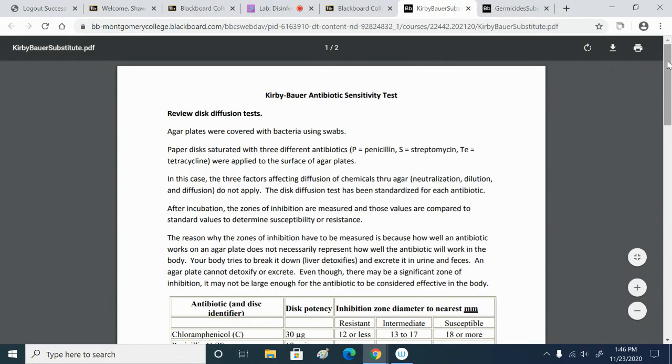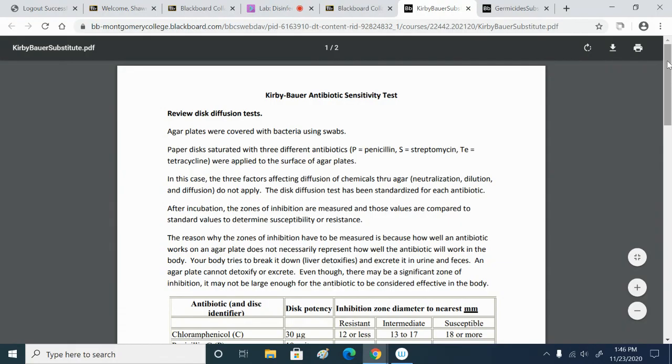And so your body does two things to those chemicals. One, your body excretes, right, the chemicals in both urine and feces. Agar plates cannot excrete. Your body also has a liver whose job it is to detoxify, to break down those chemicals. There's no liver on an agar plate.